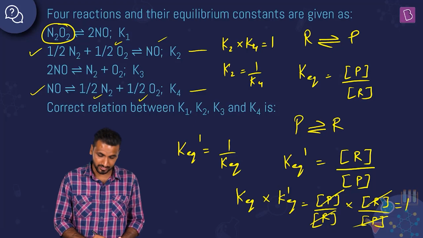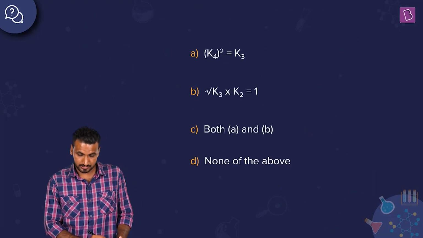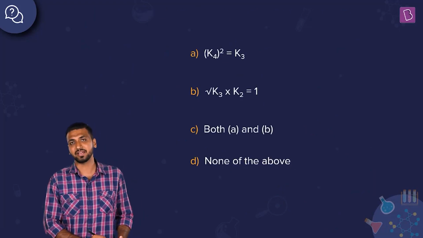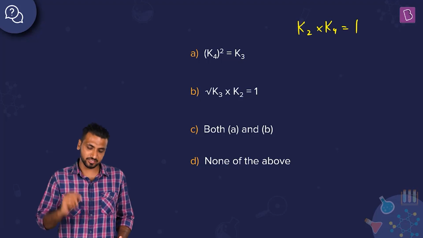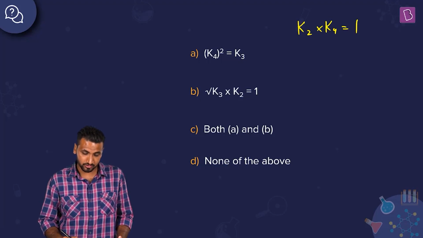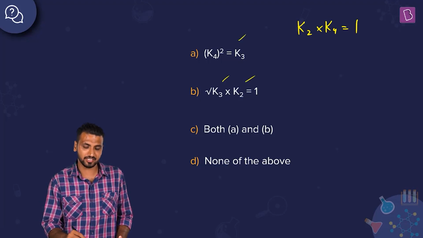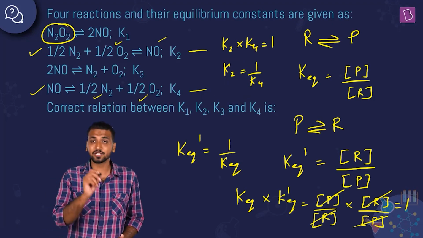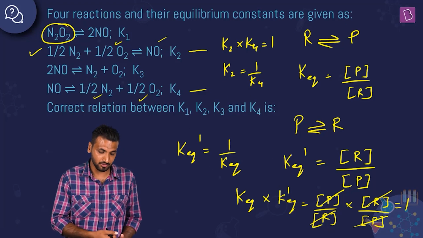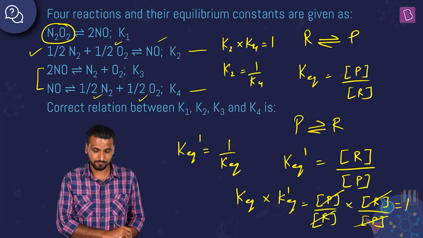Look at the options. We have one clue. None of them is matching, right? But we have K2 into K4 is 1. That's one relation that we have. We need to find out the relation between K2 and K3, K3 and K4. Okay, fine. Let's go. Look at reaction 3 and 4.